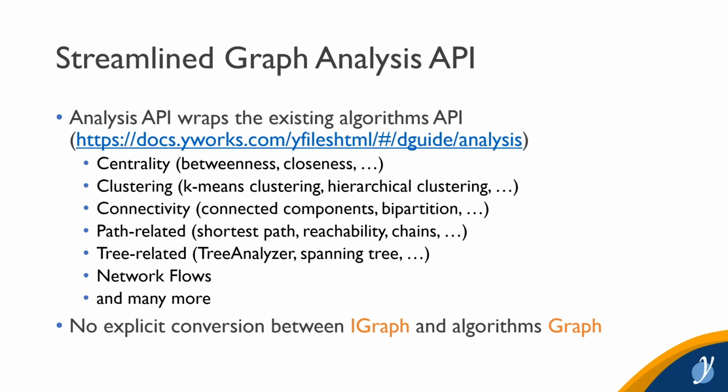And the most important thing is that there's no explicit conversion between the graph that we use internally for the visualization and the one that we use for efficiently implementing the algorithms.